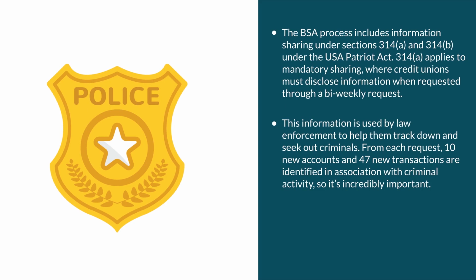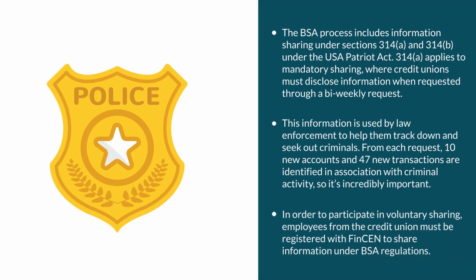From each request, 10 new accounts and 47 new transactions are identified in association with criminal activity, so it's incredibly important. 314B applies to voluntary sharing among other financial institutions. In order to participate in voluntary sharing, employees from the credit union must be registered with FinCEN to share information under BSA regulations. By allowing the limited shared information, more criminal activity can be identified and stopped.